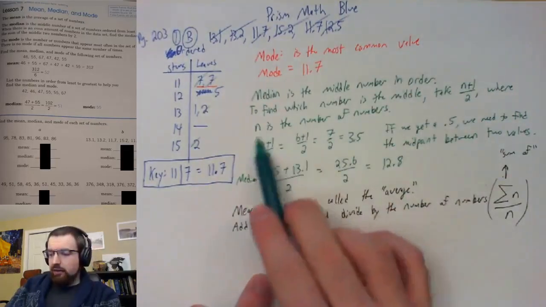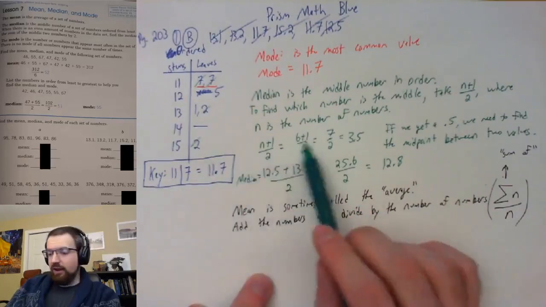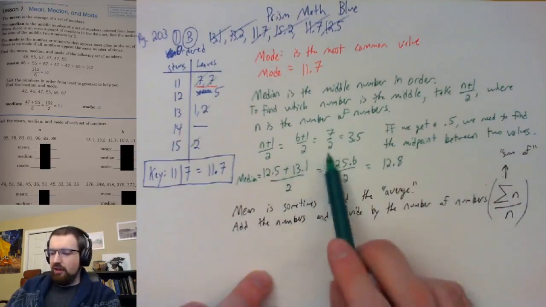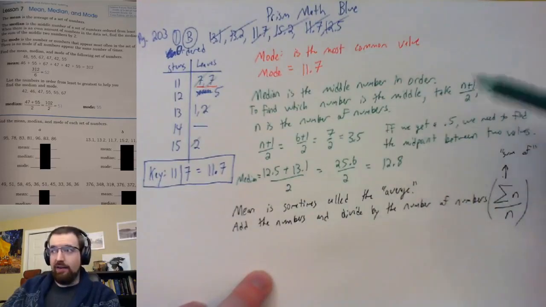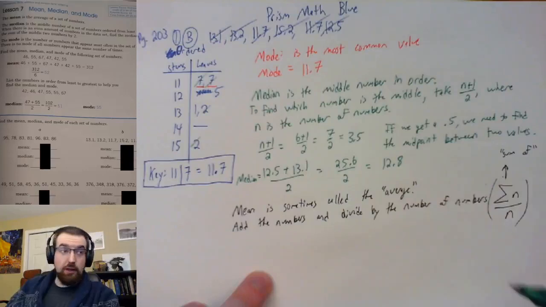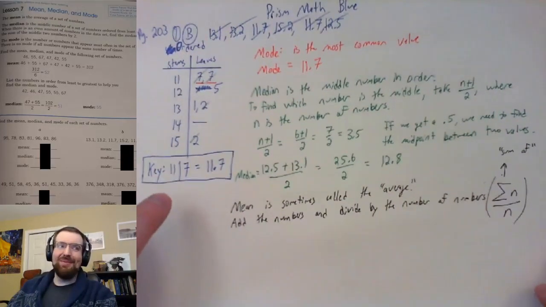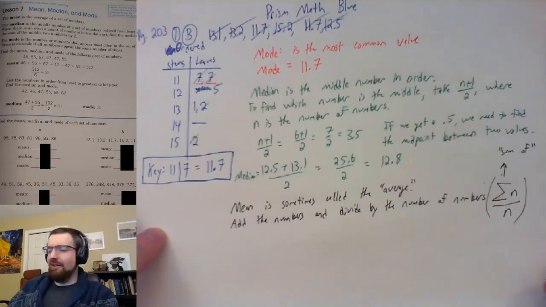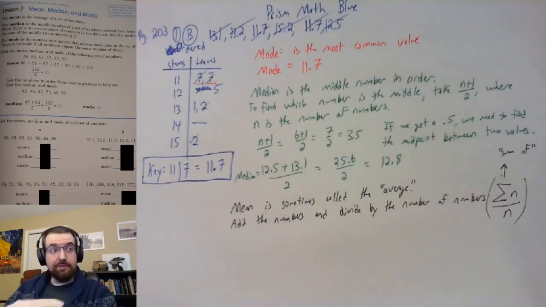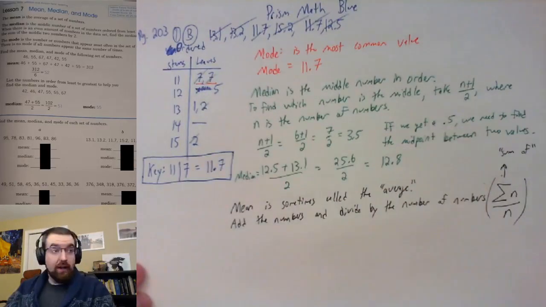But this method is slower when you only have very few numbers like this. But say you had like, I don't know, 400 different numbers or something. You're not necessarily going to go through and cross one off at the front, one off at the back that many times, but you can use this to find out which number in order it's going to be. You're not going to have to find the median of 400 numbers. You'd use a calculator for that. But if you did, this would be a heck of a lot quicker than the crossing off method. Although the crossing off method is totally fine.